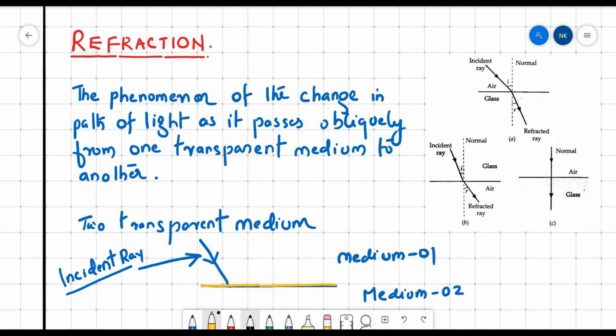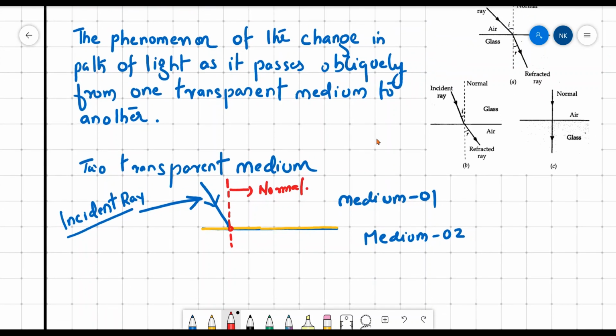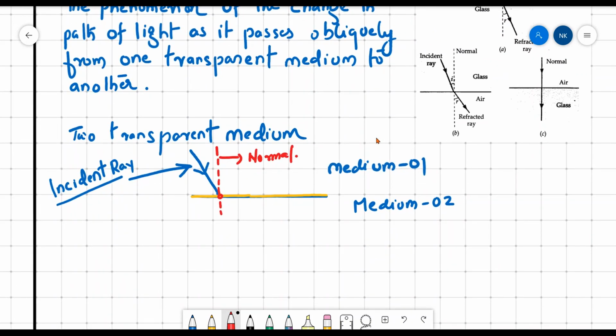Now at the point of incidence of the incident ray, perpendicular to the interface, I created a normal, a perpendicular line, so this is known as the normal. From transparent medium number 1 towards transparent medium number 2, the light is traveling.